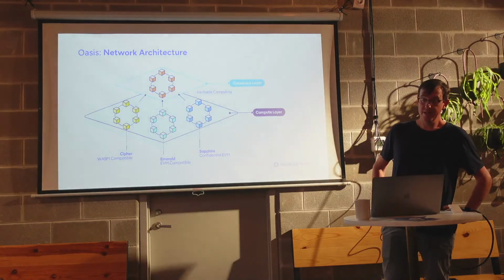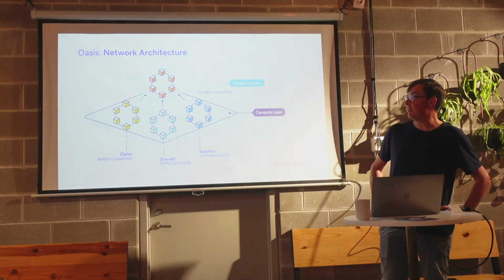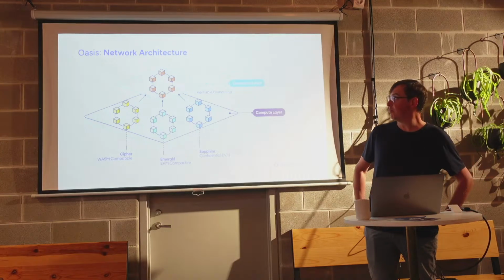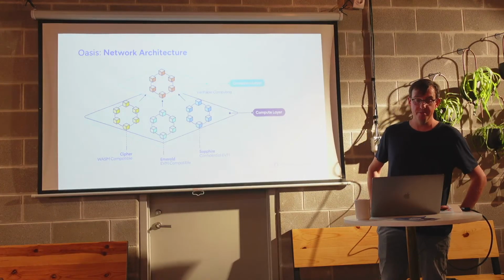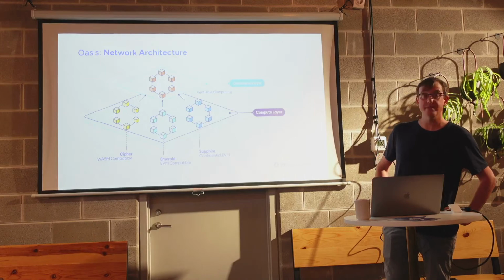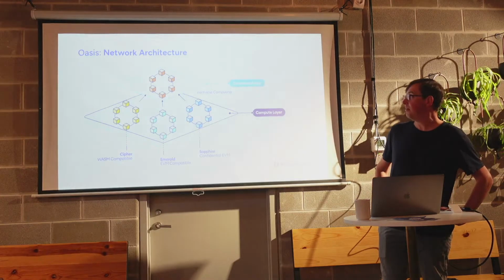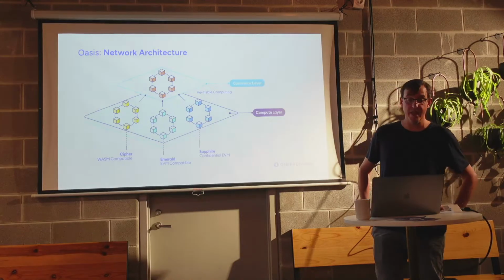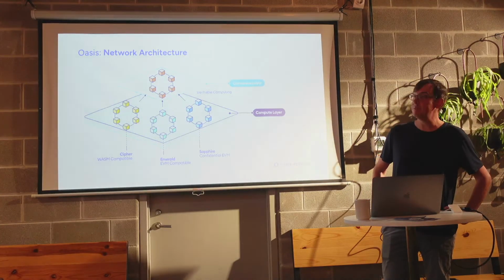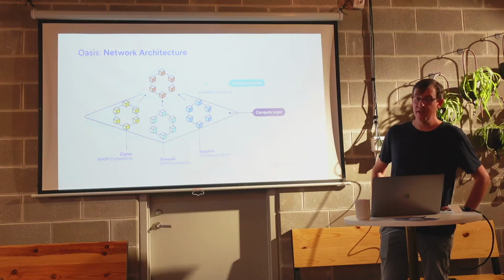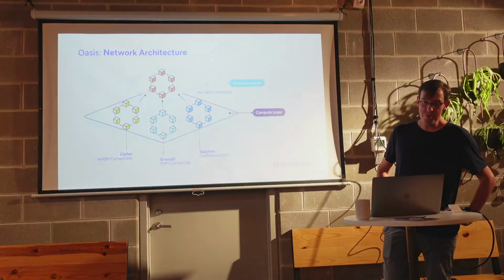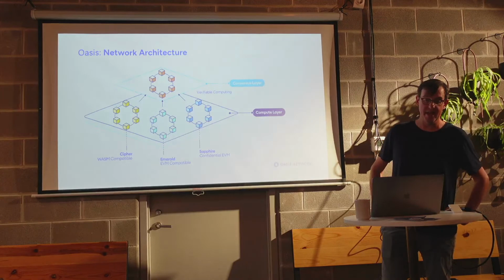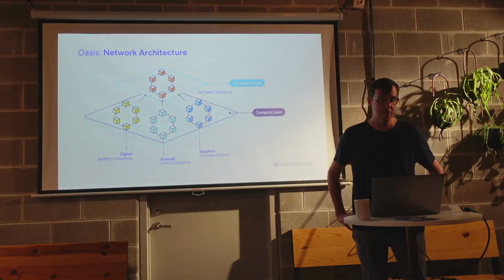The Oasis network was actually the first blockchain to separate smart contract execution from consensus. This architecture provides a lot of potential benefits, such as the ability to scale throughput by adding more paratimes, as paratimes can process transactions in parallel. It also allows paratimes to be developed to suit the needs of different applications.